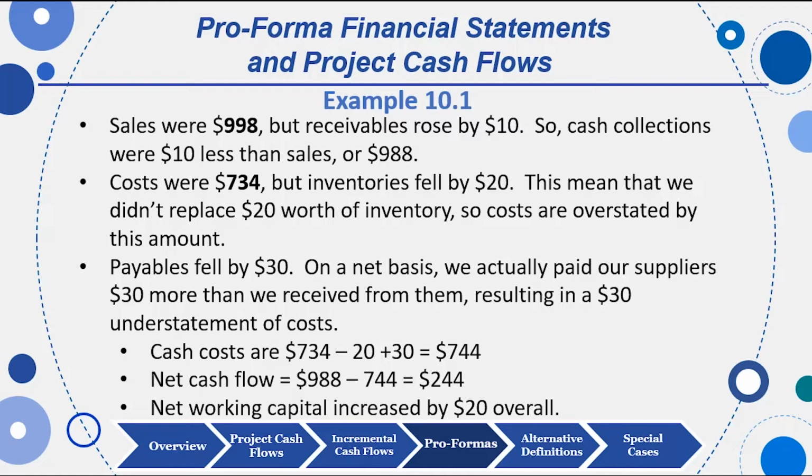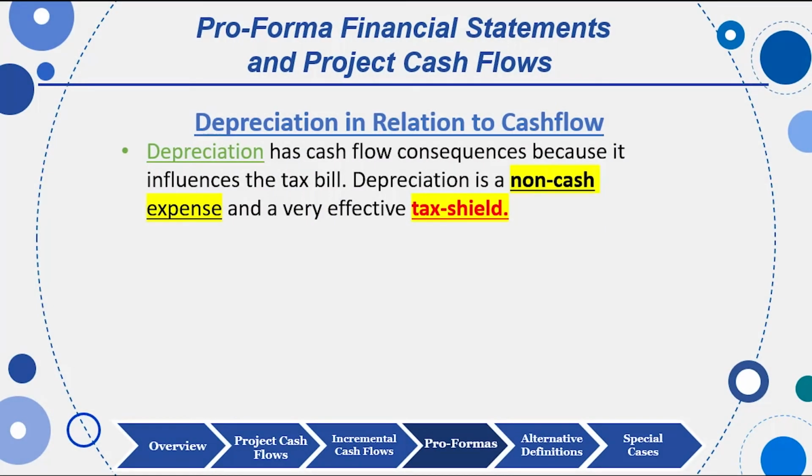So I'm going to subtract that amount from the cost, and I'm going to change the payables up $30. So my net cash costs are $744. $734 minus the 20 change in inventory, but plus the 30 in the change in payables, and I get a net cash flow, or OCF, of $244.